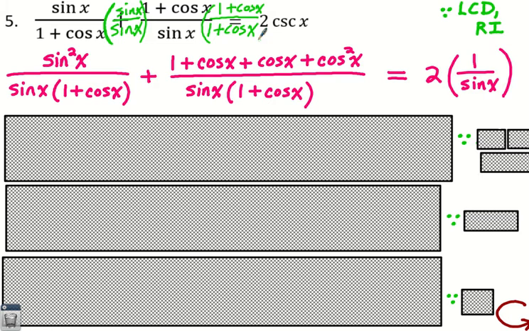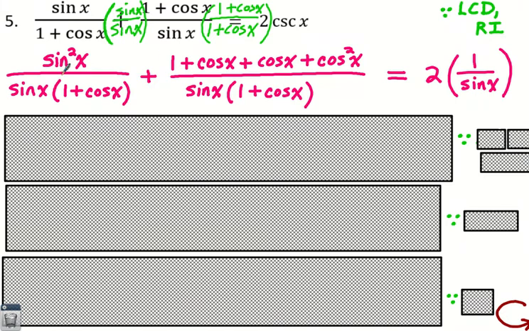Basically I needed to multiply each denominator by the other denominator in order to make them the same denominator. Hopefully you remember enough about working with algebraic fractions where, in order to make the denominators match, I needed to multiply this denominator by the other one and this denominator by the other one. So that's what I did.